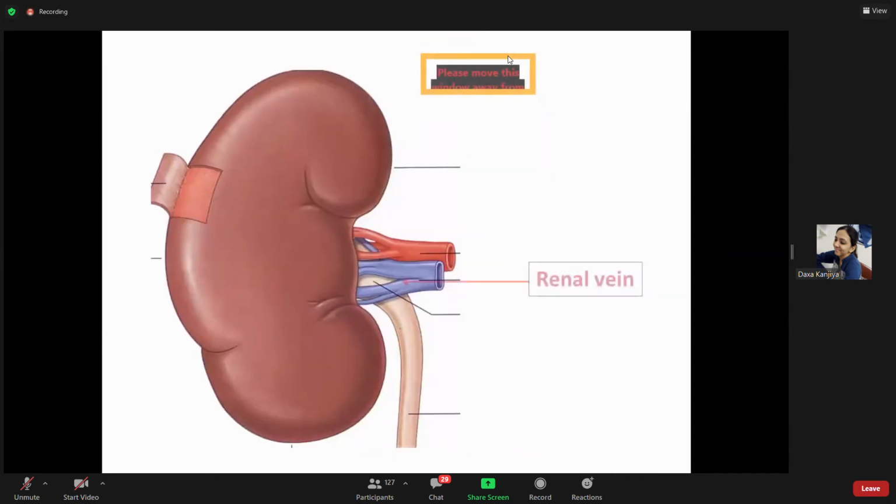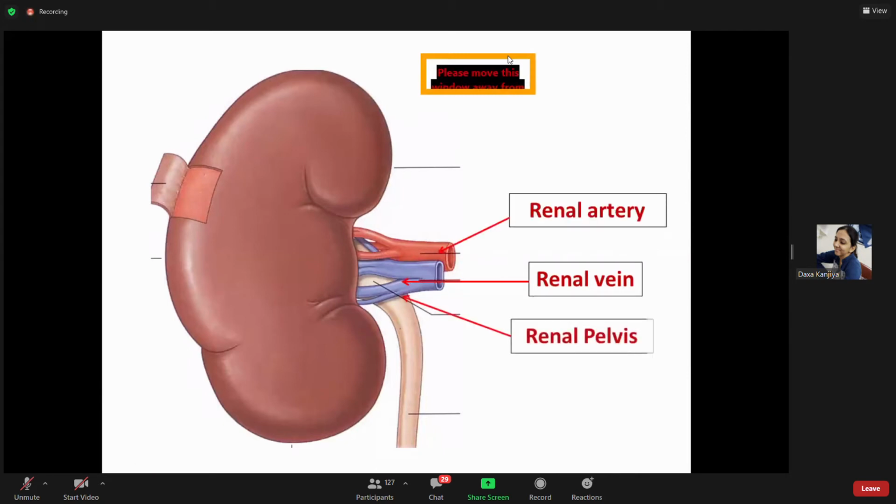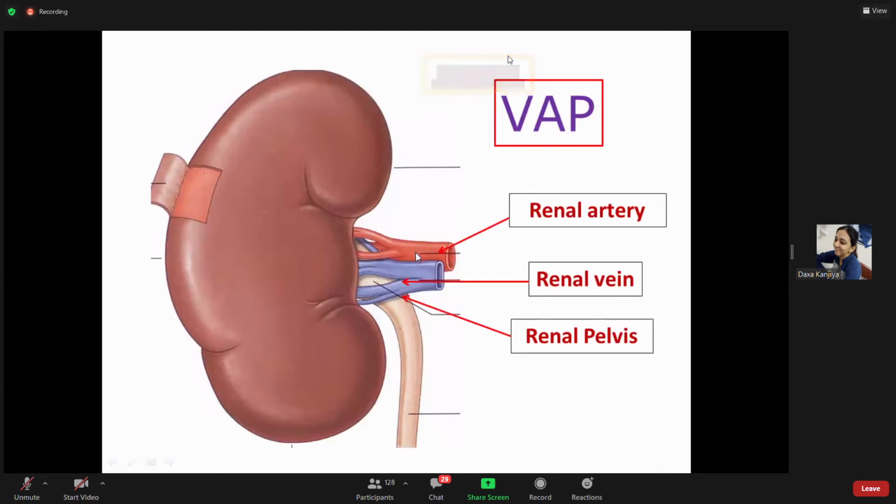So V for vein, A for artery, and P for renal pelvis.